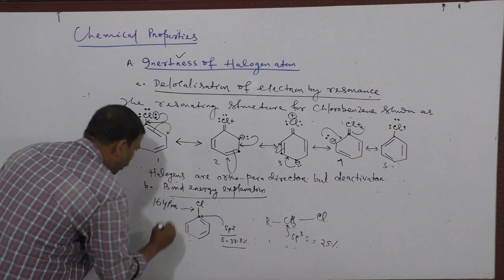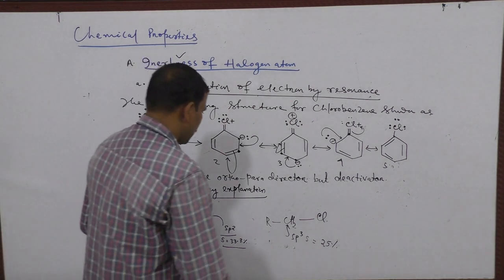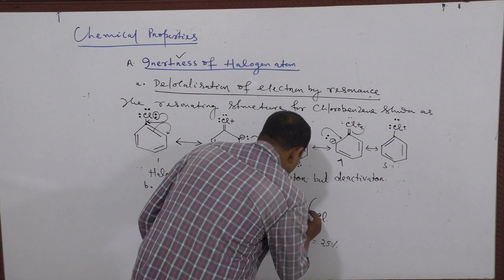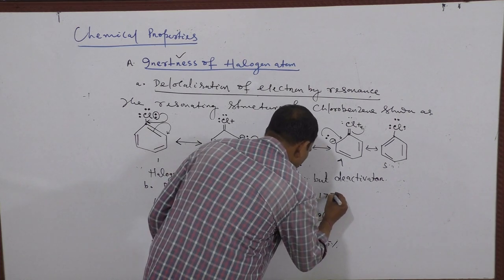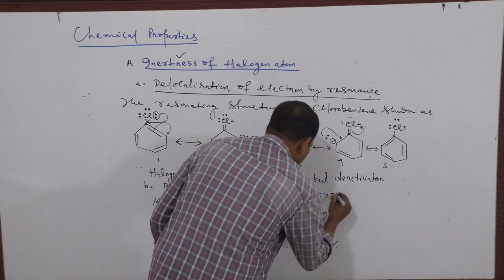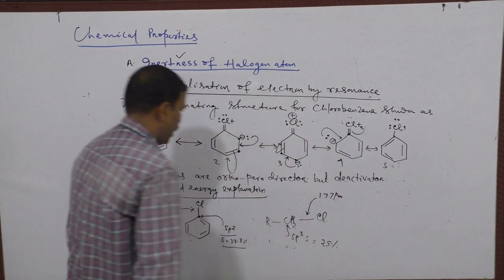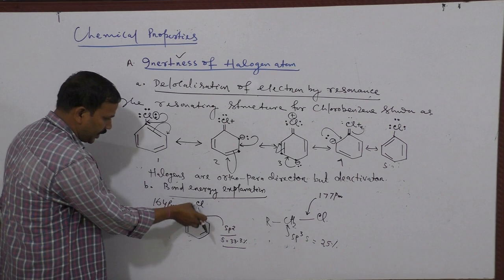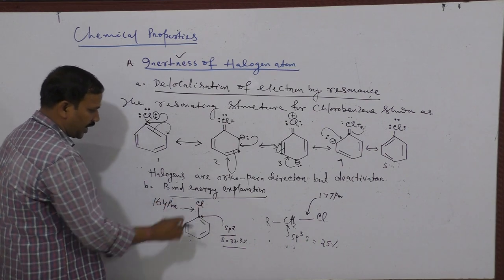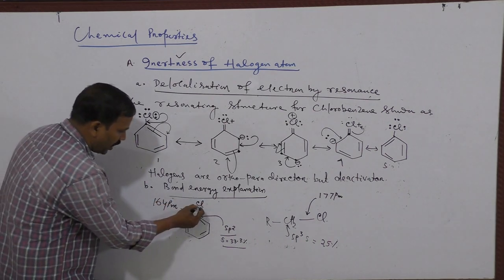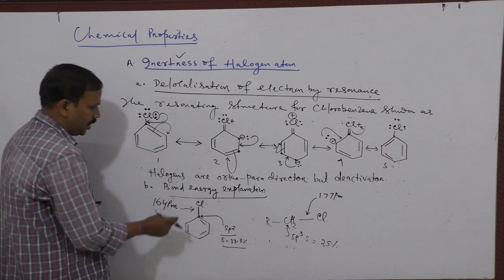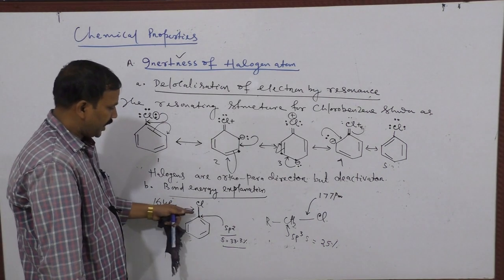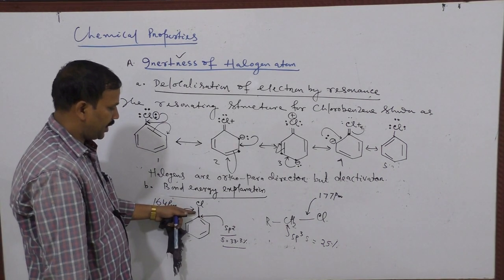pm, means picometer. But in case of the carbon-halogen bond in haloalkane, the bond length is 177 pm. Due to high electronegativity, it can attract the chlorine towards the carbon nucleus and the bond length decreases. The decrease in bond length shows an increase in stability.